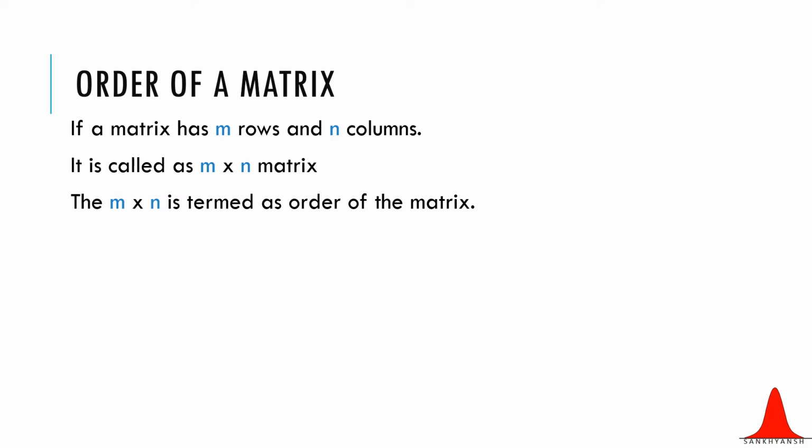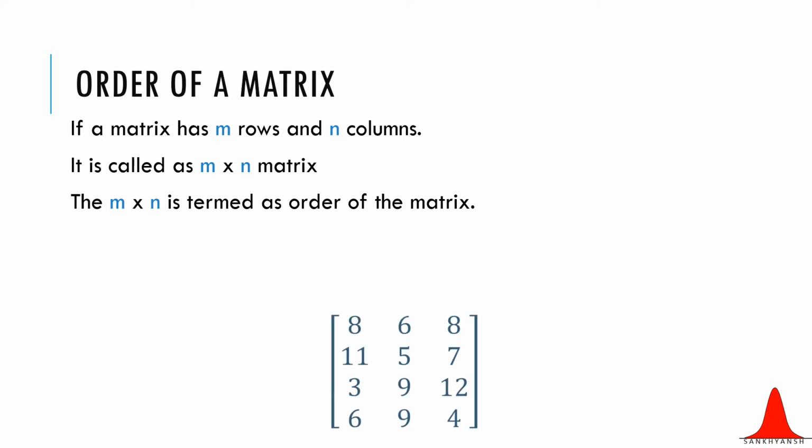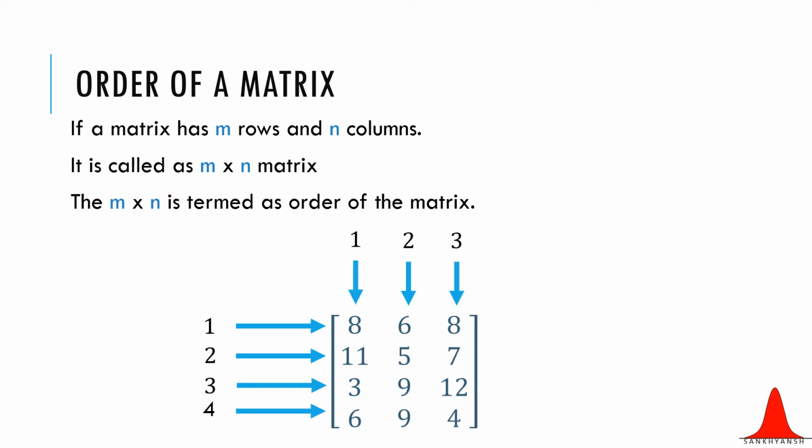And m into n is termed as the order of the matrix. For example, this matrix has 4 rows and 3 columns. So the order of the matrix is 4 into 3. So we will call it a 4 into 3 matrix.